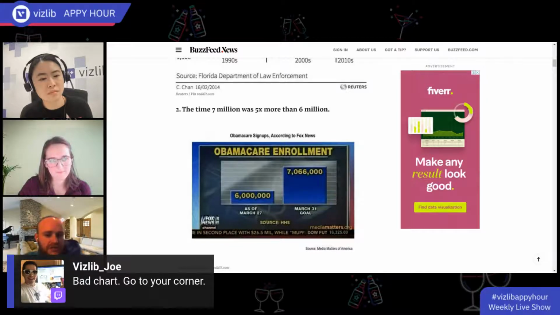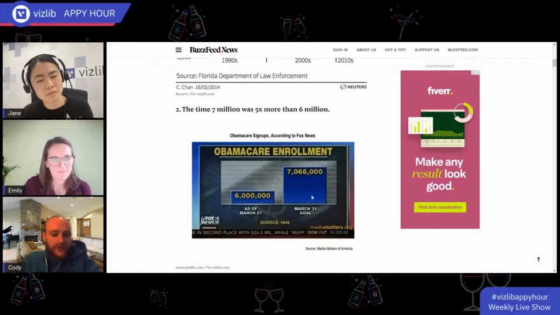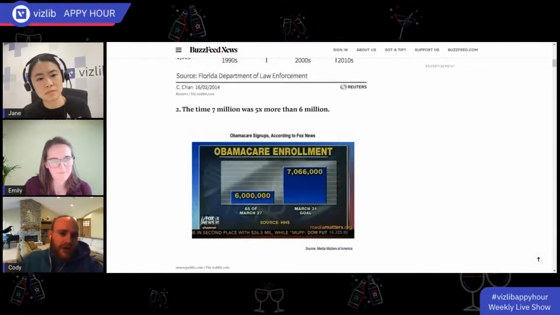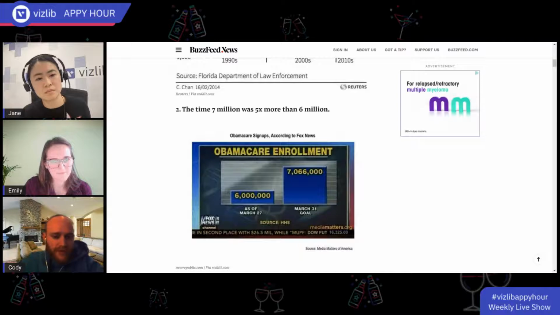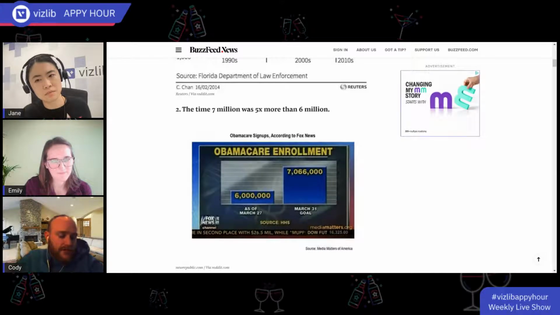I think the news here is trying to show you, hey, this is where we want to go because it's a goal. Look how far down we are. So maybe this was a knock against Obamacare, trying to show you this is how much we have to go, when in reality, it's maybe not that much.